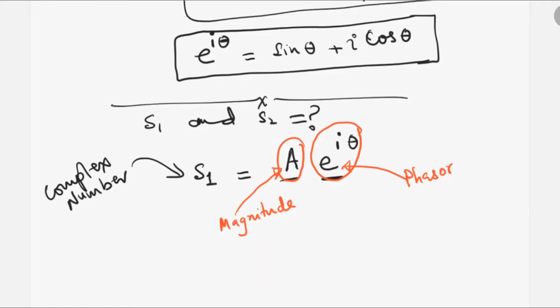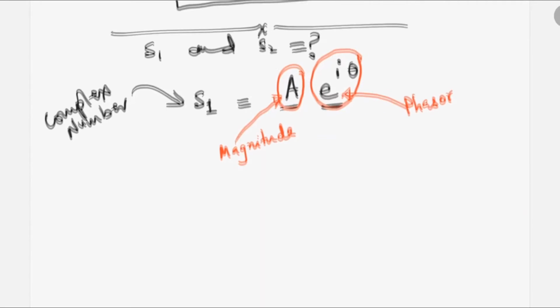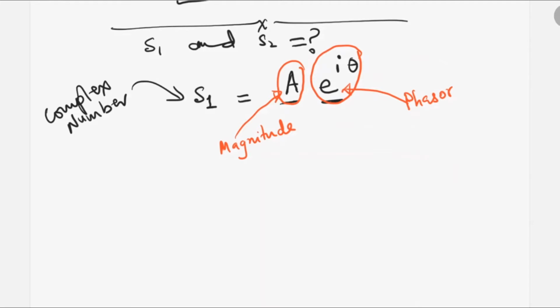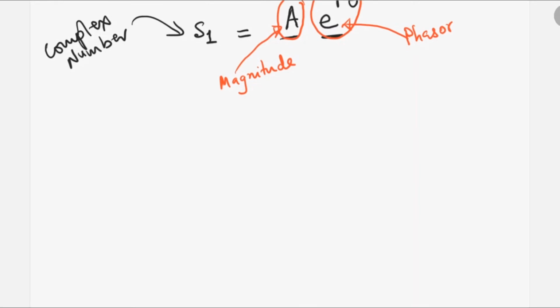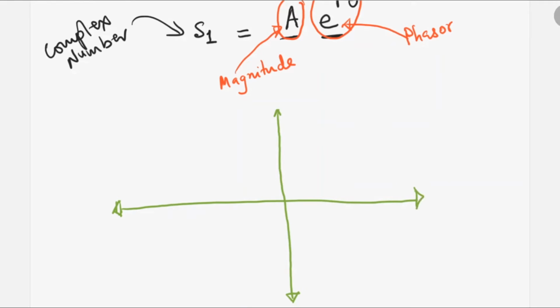So how will this phasor and this magnitude represent a complex number? Let's see how we can do that. For now, just keep in your memory what A is and what e raised to the power iota theta is. So I'm picking up another plane.